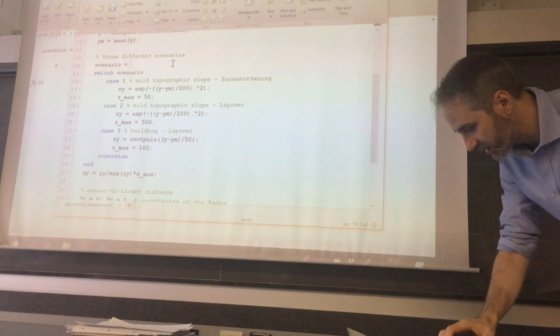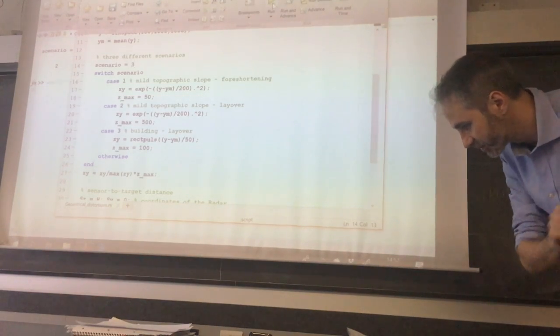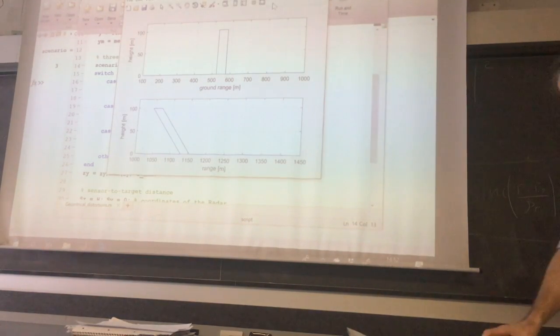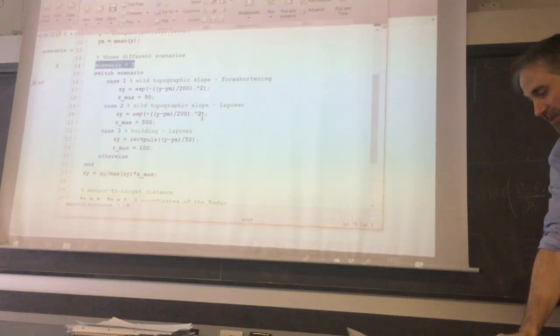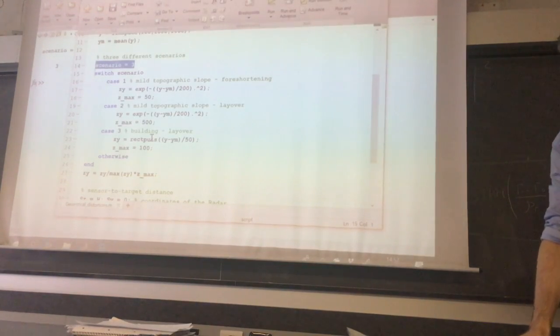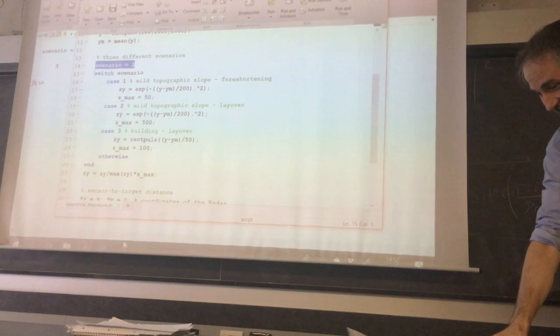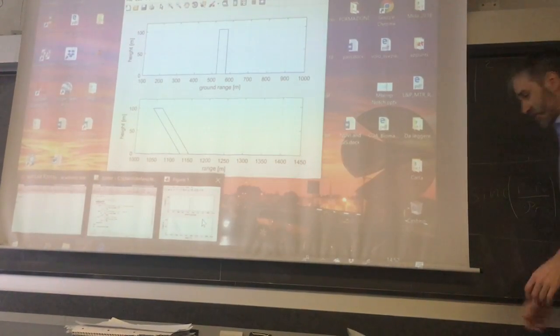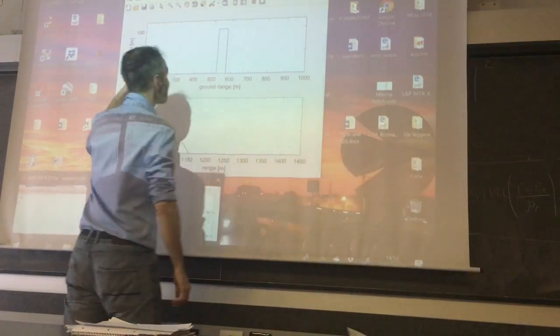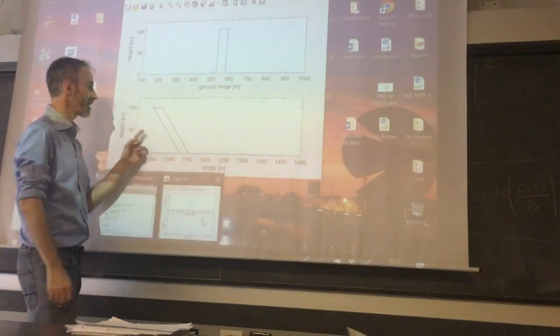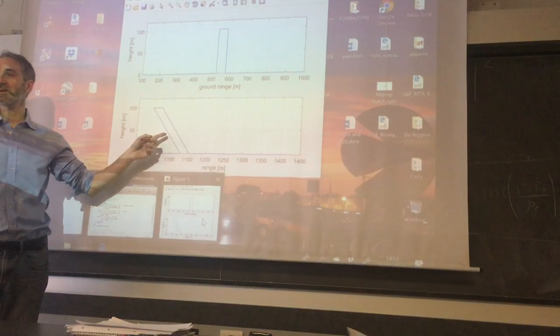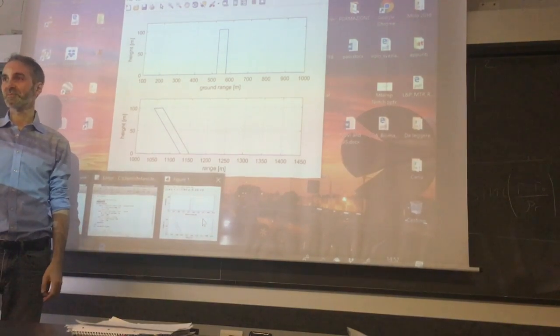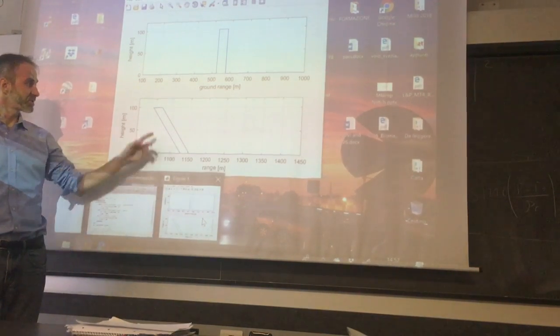This is the typical case of buildings. So the equation of a building is a rectangular pulse, as simple as that. And here it is. This is your building in ground range, and this is how it appears in your SAR image. And so you have, of course, this.